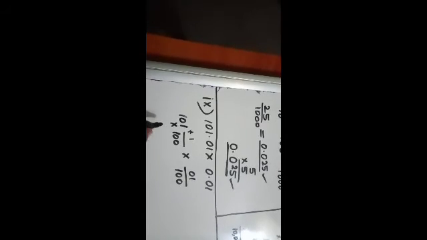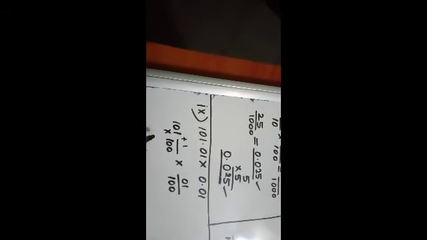Let us convert into an improper fraction. 100 ones are, you will get 10,000, plus 1, you write 10,001 upon 100, and here 1 upon 100.